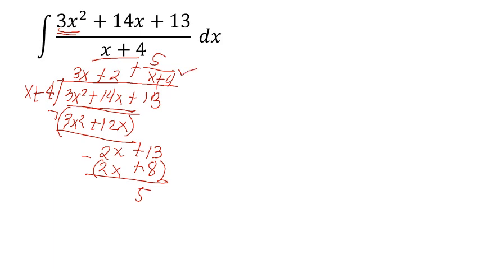Now this is now our new function that we have. So let's try to rewrite our given. We have integration of quantity 3x plus 2 plus 5 all over x plus 4 dx. Right? Now, we could simply distribute dx and our integration symbols to each term.